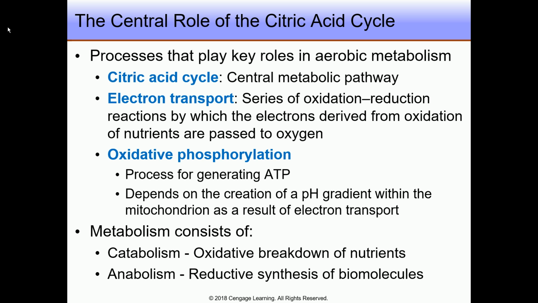It's called the Krebs cycle, after the scientist who discovered it, and it is also called the citric acid cycle. You will see that there are 8 reactions in the citric acid cycle, and glucose will be oxidized, because acetyl coenzyme A actually represents glucose. It's an intermediate metabolite of glucose.